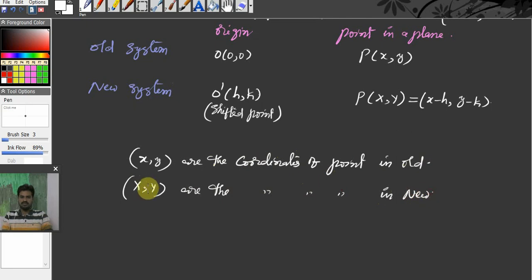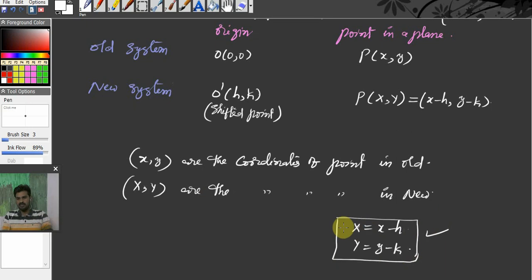So the relation between small x and small y and capital X and capital Y is that capital X is equal to x minus h, capital Y is equal to y minus k. By using this relation we can find either of small x, small y or capital X, capital Y. So this is the relation between the old system and new system by using the translation of axis. Remember these formulas, the very important formulas. Okay, thank you.